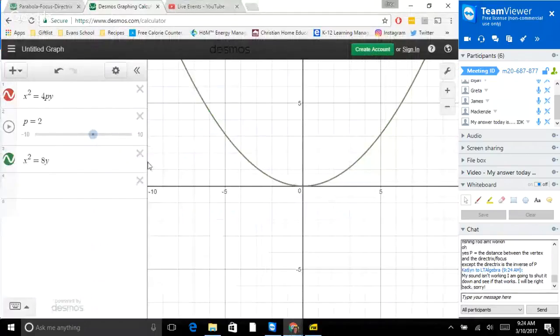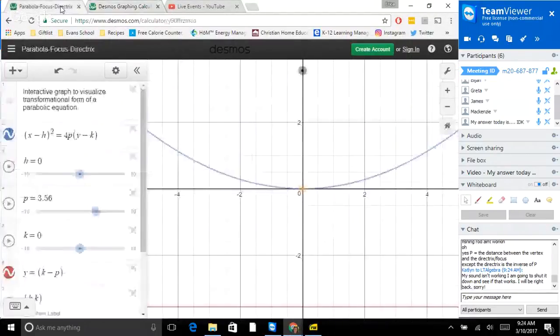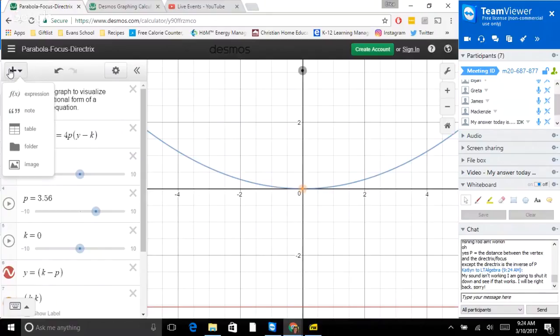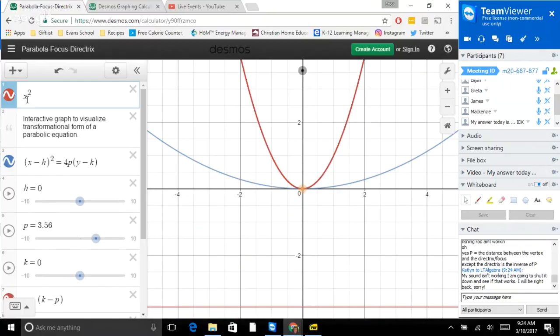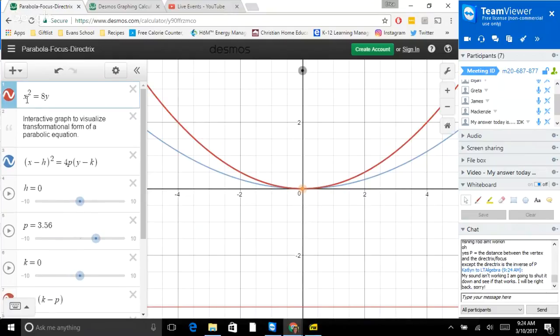Let's go over here. Since this is like the official Desmos, let's see if we can add an item. Okay, so my original equation was what? x squared equals 8y, right?